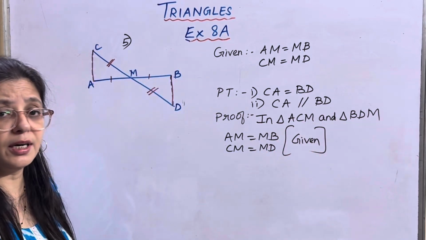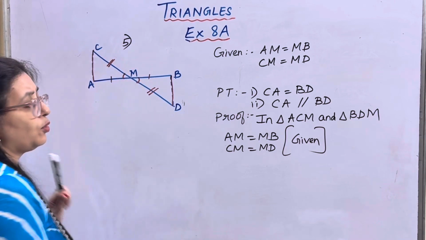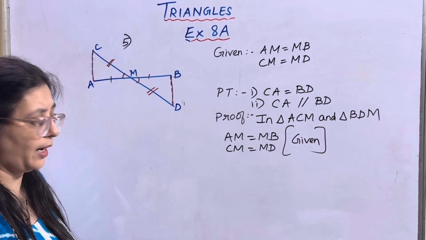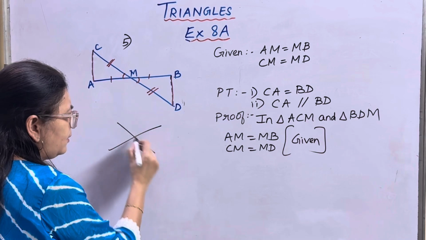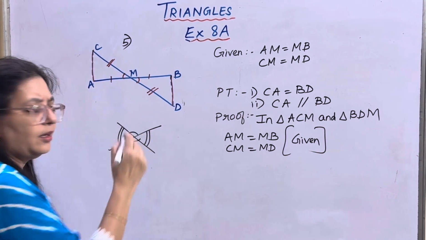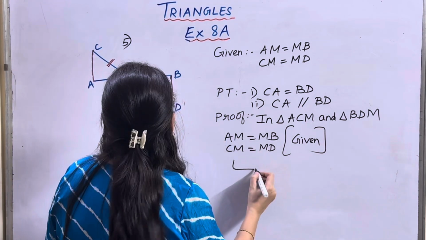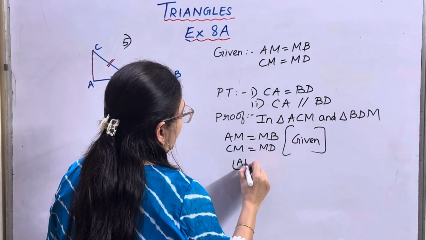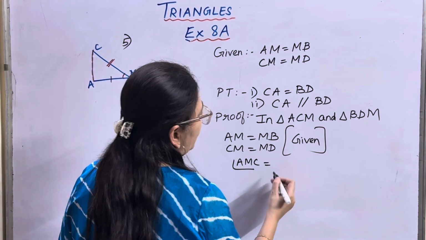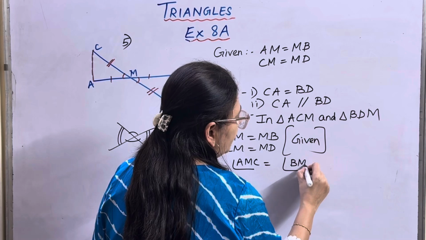Now, the third condition: an X is formed. So, vertically opposite angles, these two angles are equal. So here angle AMC is equal to angle BMD.